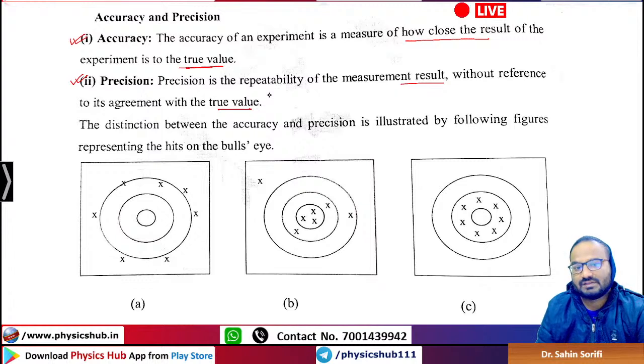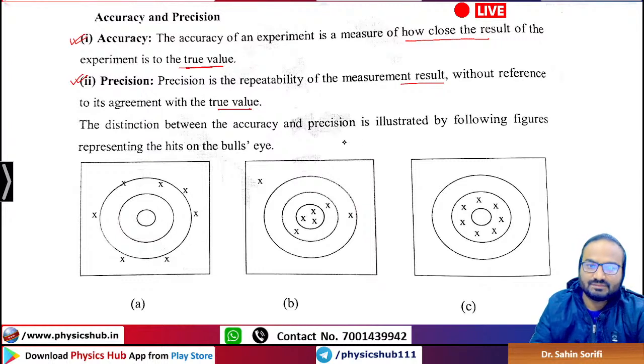An instrument has good precision if you get very identical results from that instrument, then we can say the results are precise. On the other hand, if the results are closer to the accurate value, then we can say the accuracy of the instrument is good.